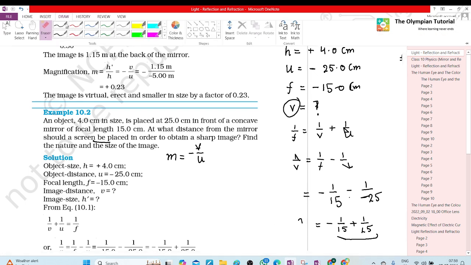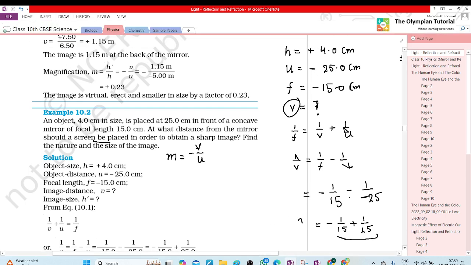One more thing, Tanya, here we need not calculate magnification. We have to calculate the size of the image, which is h dash, and magnification is h dash upon h.